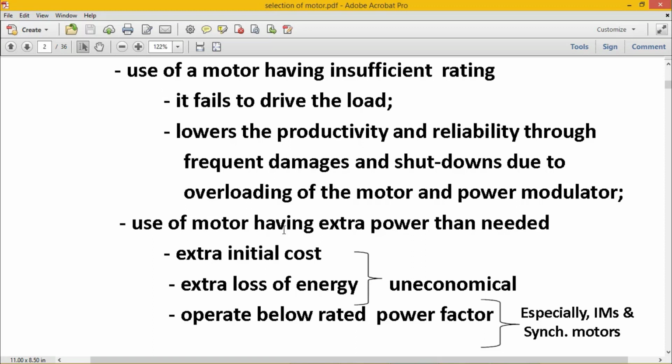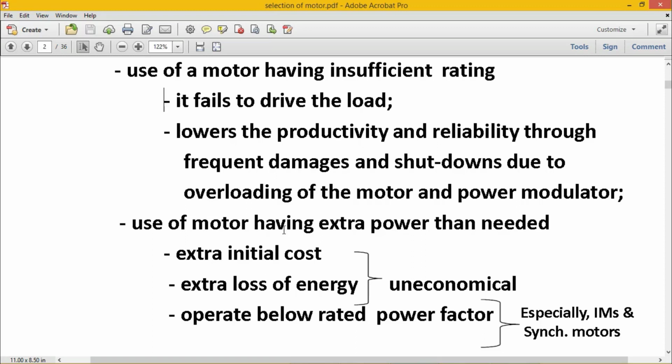Also extra loss of energy, so it is uneconomical, and especially for induction motor and synchronous motor, it will operate below the rated power factor. So if it operates below the rated power factor, somehow the efficiency will also be affected. So we cannot compromise with power factor and efficiency.